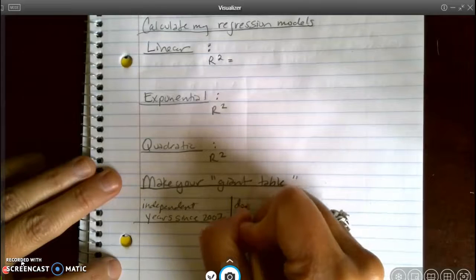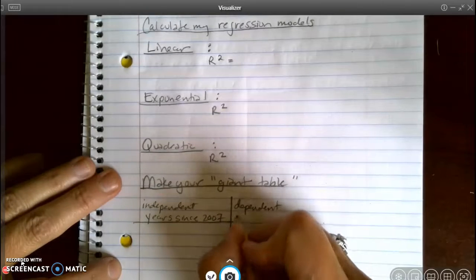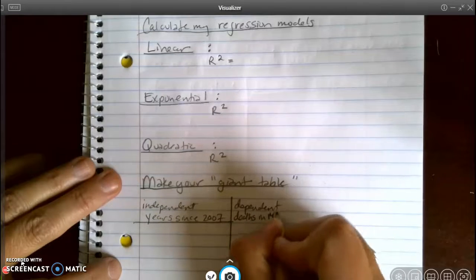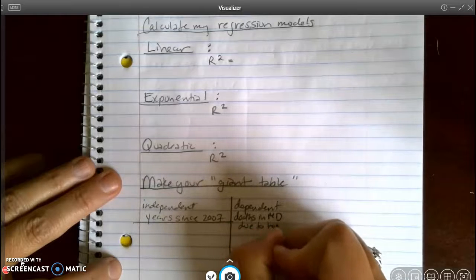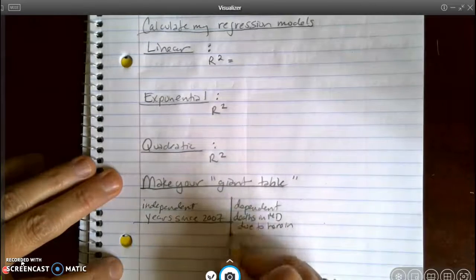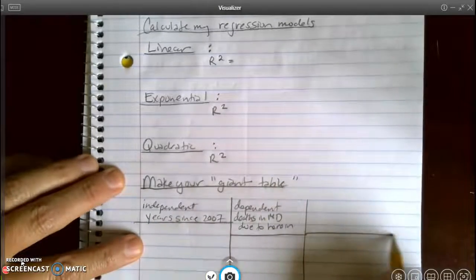Then my dependent is going to be deaths in Maryland due to heroin. And that's my next part of my table. Sorry, I couldn't make that real nice and even there.